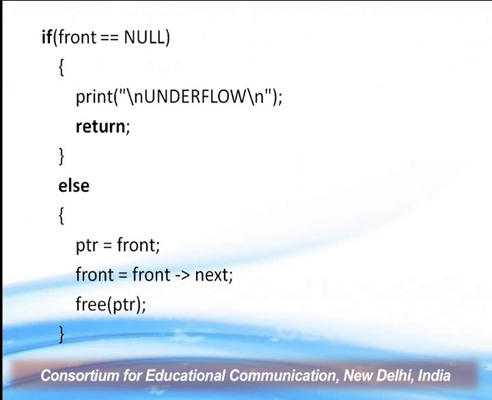Else, we will save that front into the pointer variable, point front to the next node by front equals front next, and then we will free the pointer, as we have done in the case of stacks, if you remember. There the pointer was assigned to the top, here the pointer is assigned to the front. We have shifted the front and then we have freed the pointer variable.